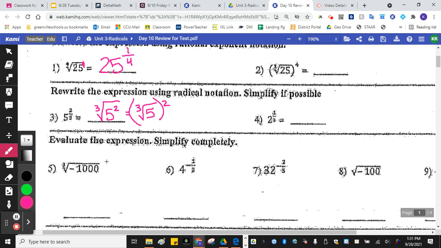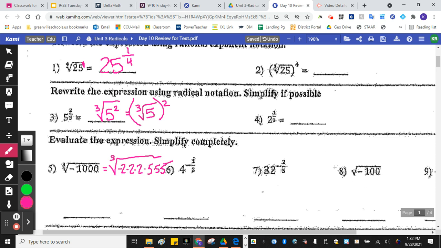Cube root of negative 1,000. We broke down 1,000 yesterday. Yesterday? I think it was yesterday. But just to save time, it's 3 2s and 3 5s. 3 2s and 3 5s and a negative. The cube root of a negative number is just a negative answer.